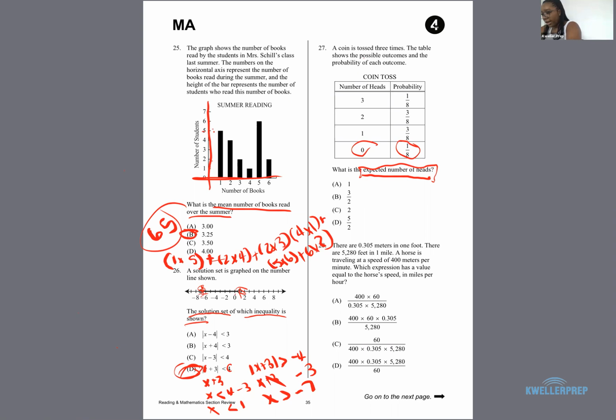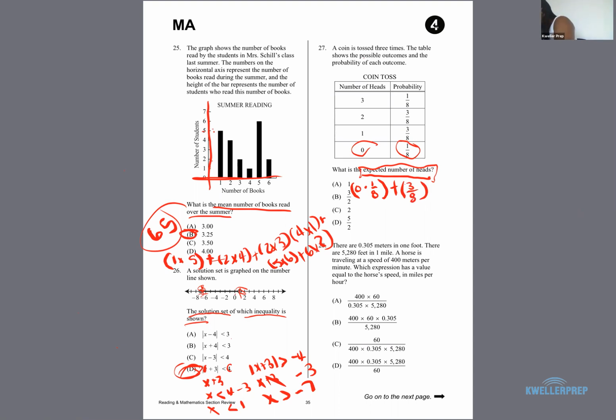So what you would do to find the expectation is, sort of like how we did with the mean problem, you multiply 0 times 1/8. 0 times 1/8, plus 1 times 3/8, which is just 3/8.